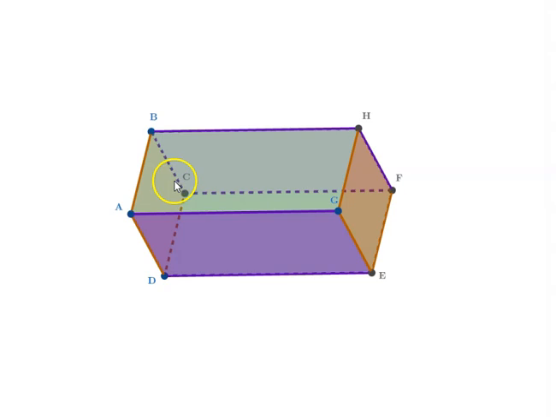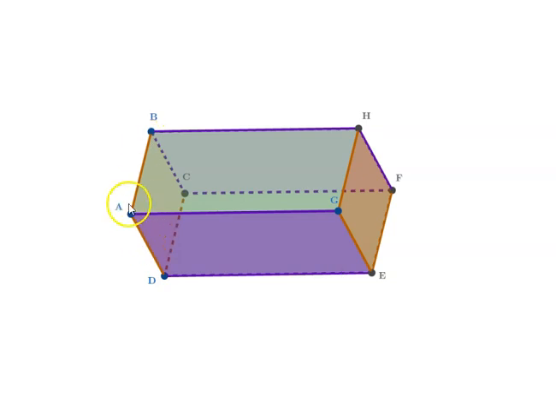Same way we can prove that DF is a parallelogram, BG is a parallelogram, FG is a parallelogram, BF is a parallelogram, AE is a parallelogram.